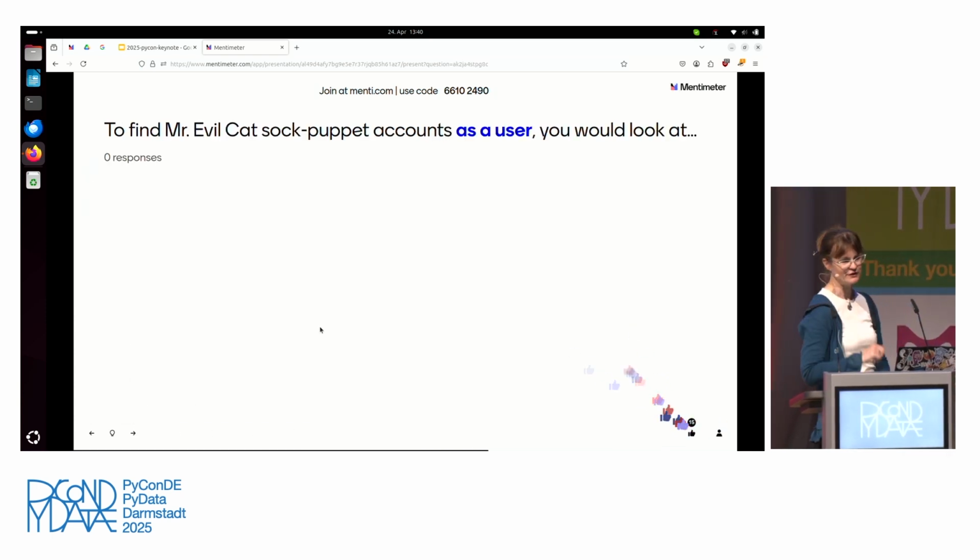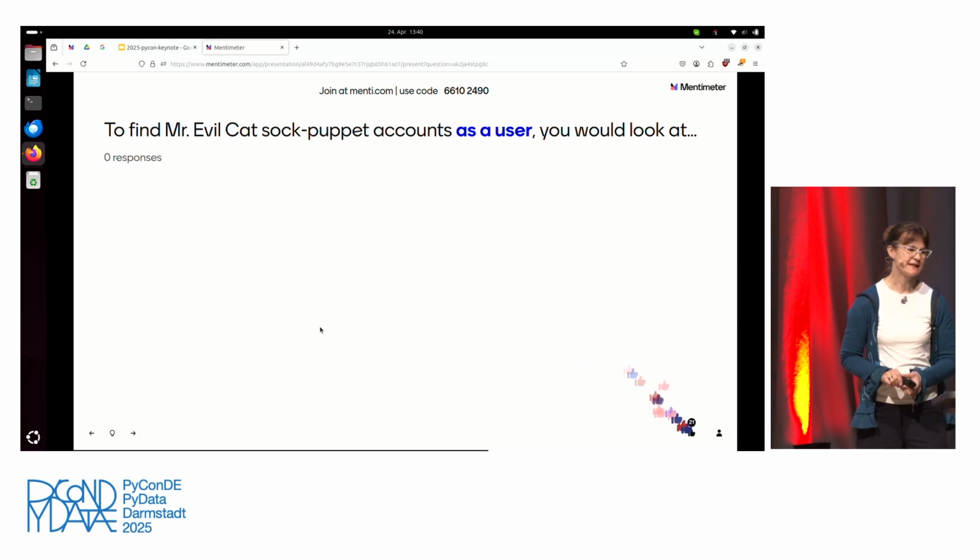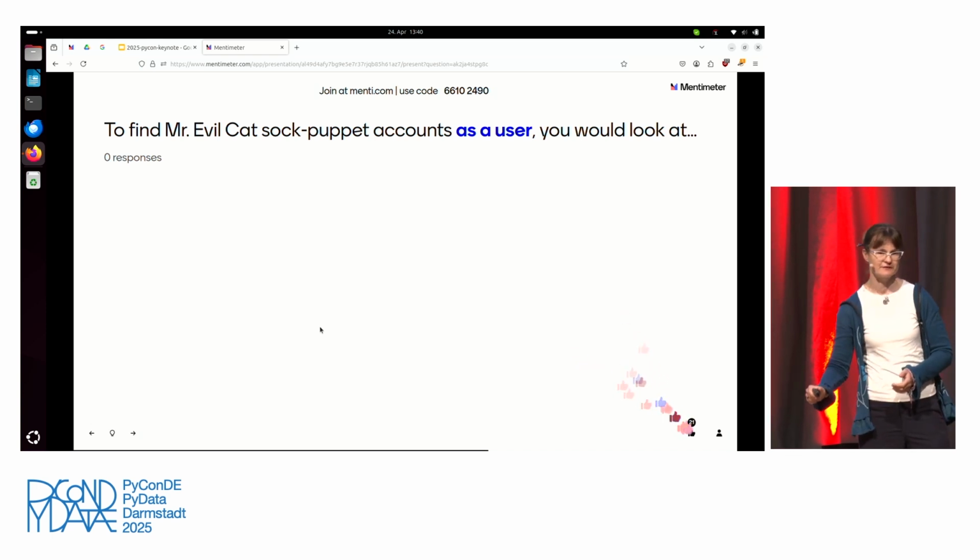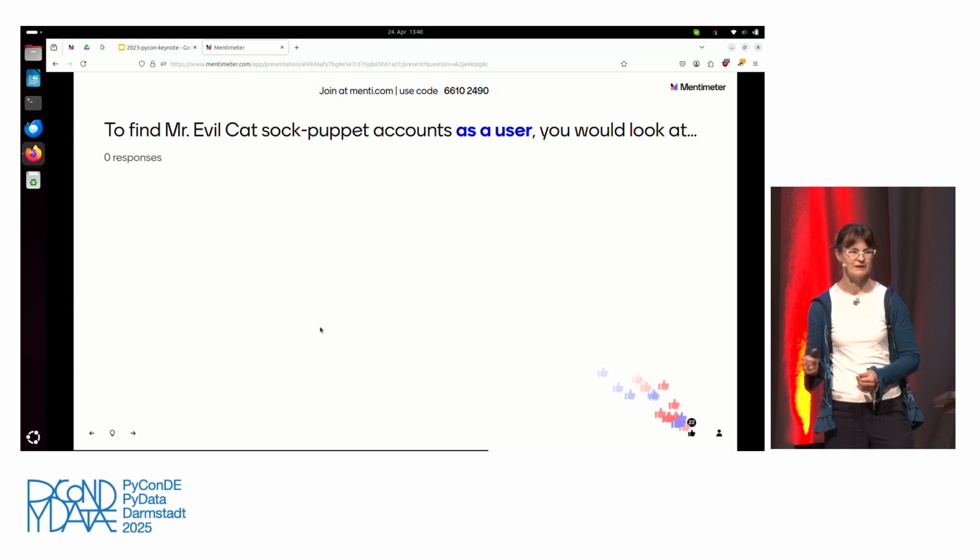I've got 3 more for you. To find Mr. Evil Cat sock puppet accounts as a user of a platform, what would you be looking at?